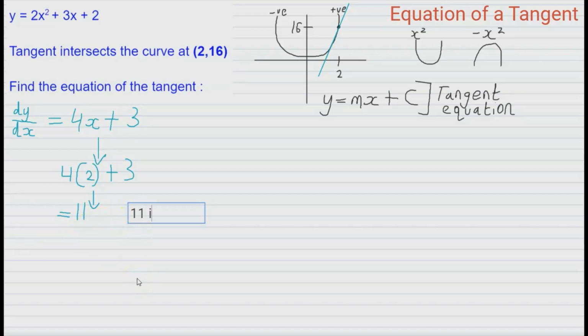So 11 is the gradient of the curve 2x squared plus 3x plus 2 when x is equal to 2. And we know that at this point the gradient is going to be 11.